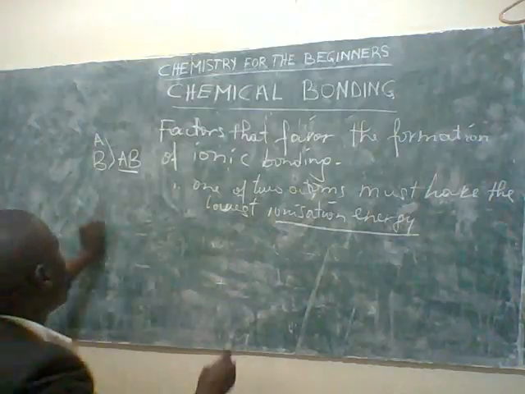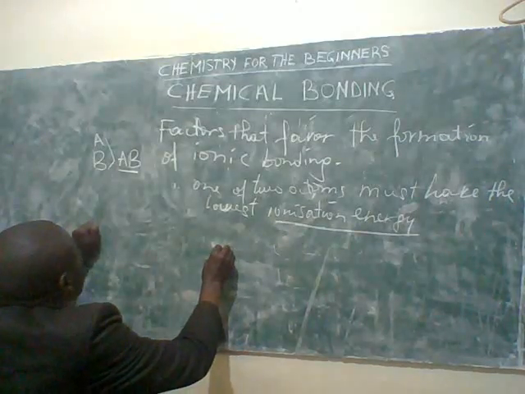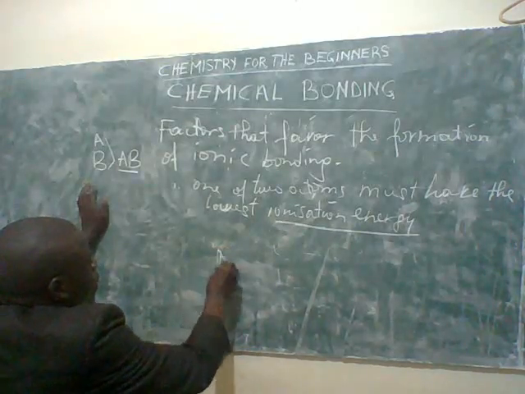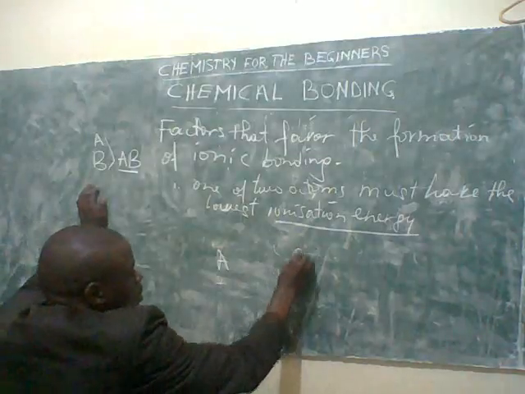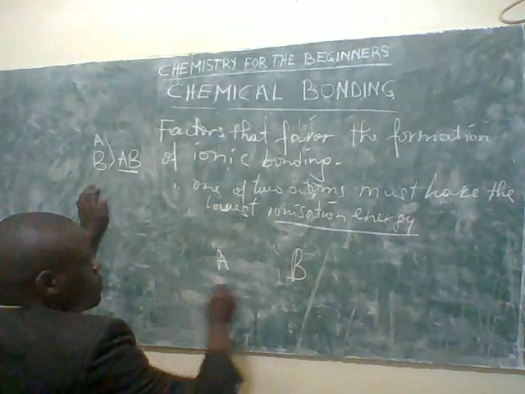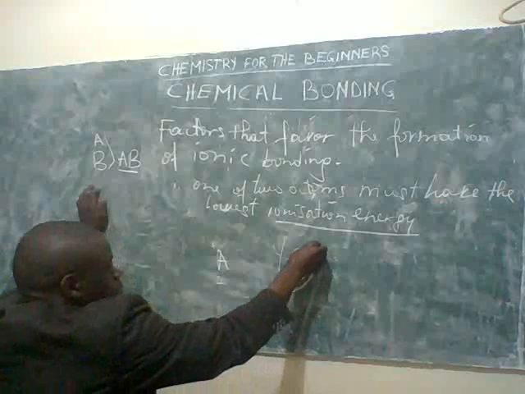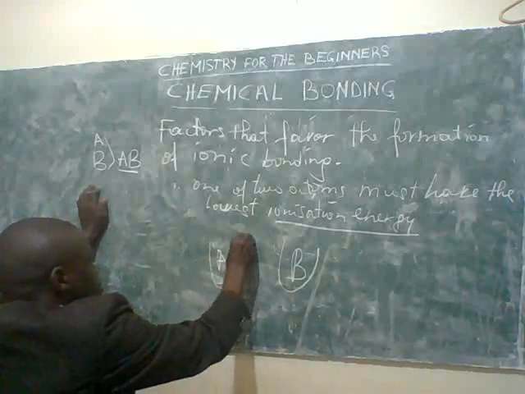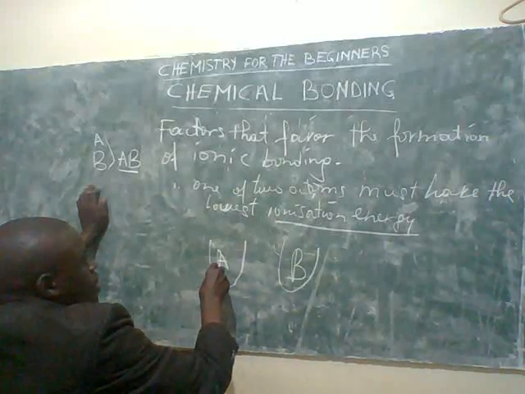First, we have A and B. Here it was in this container, and here it was in this container.